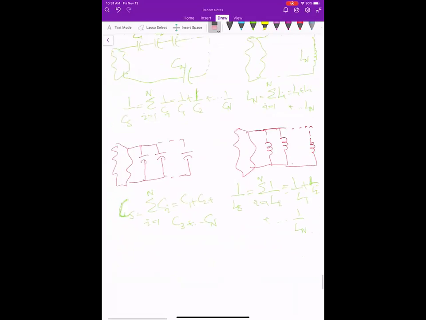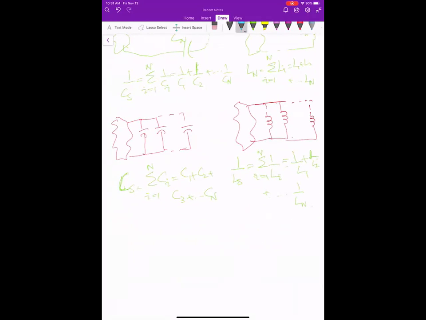One more thing I think we have not summarized here that we may need is that we know that voltage across a capacitor cannot change instantaneously, and current across an inductor cannot change instantaneously.